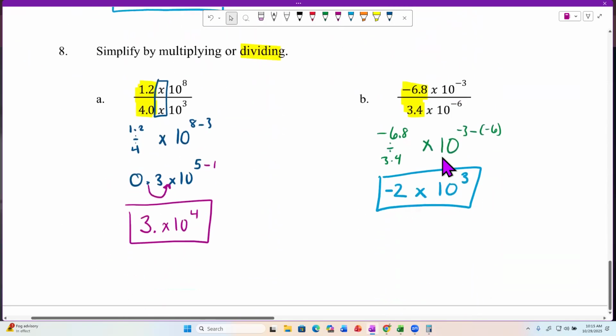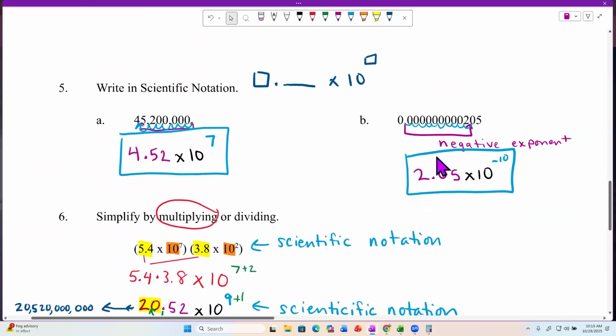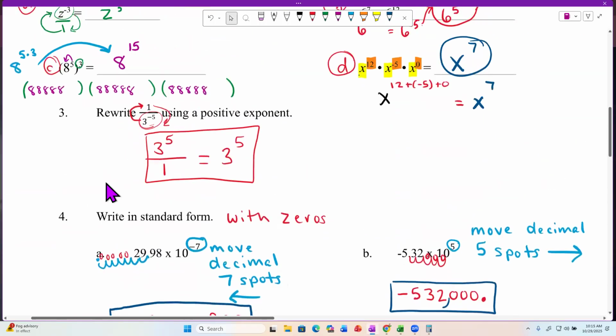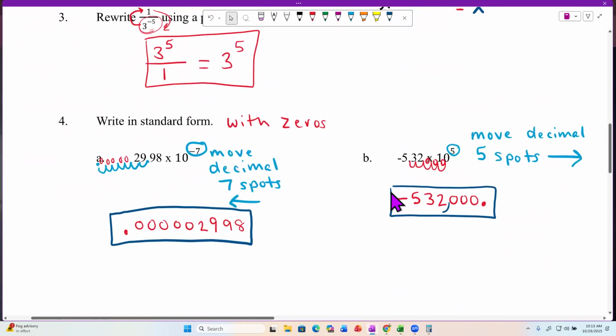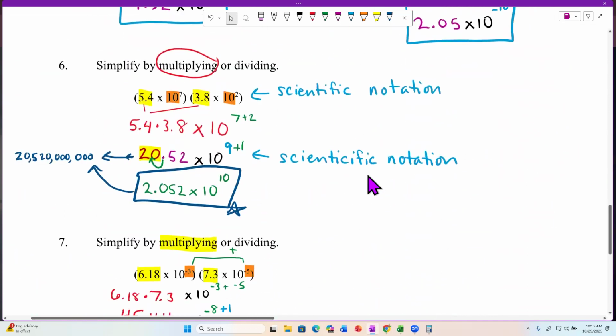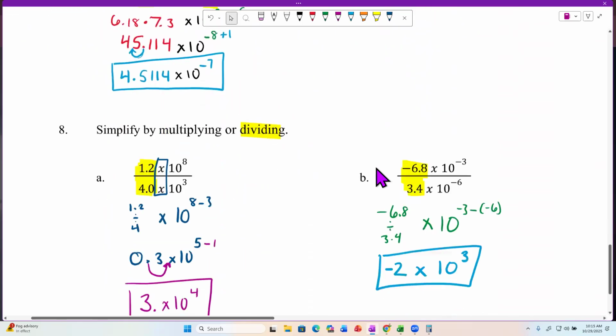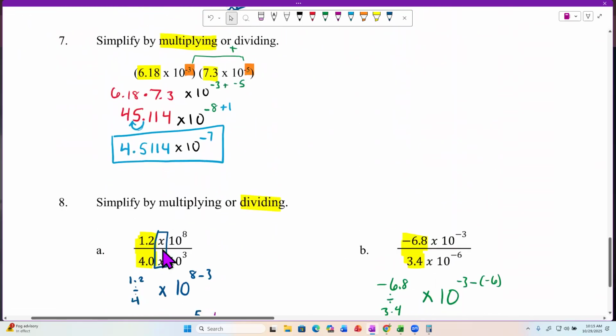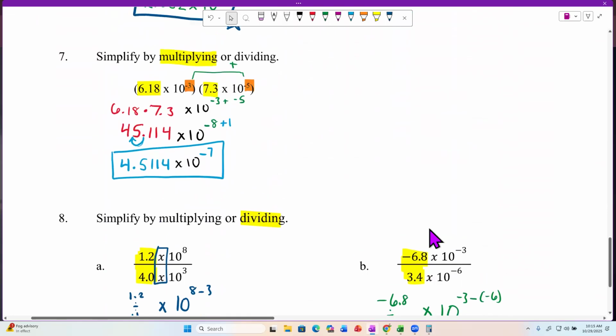So your test has a total of 5 questions. But if we look at the different parts, like the part A and the part B, there's 10 things that you are doing on the test. You do not have a division problem, so that was just taken away.